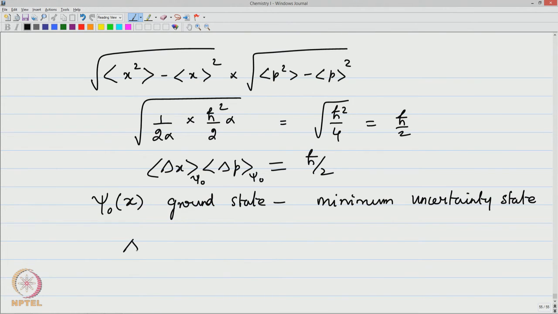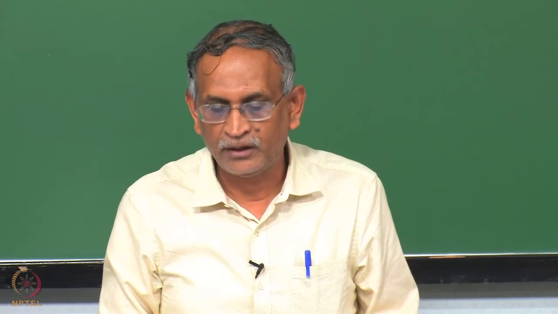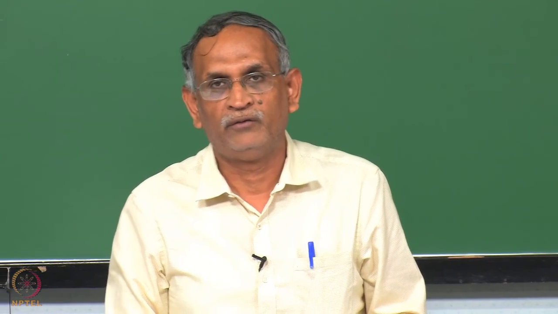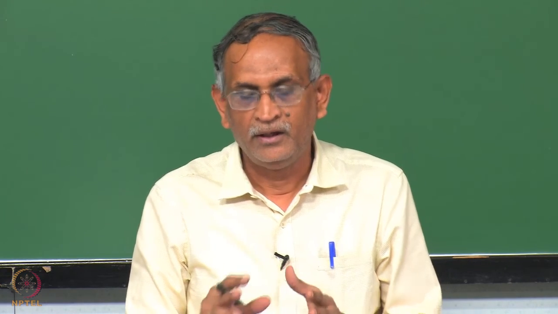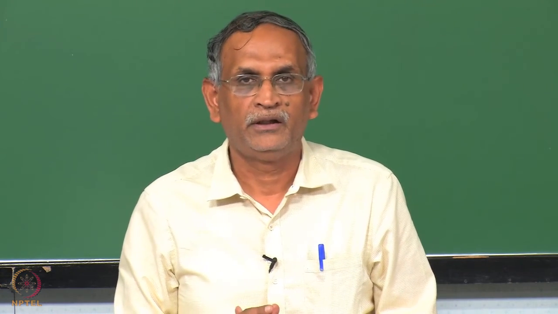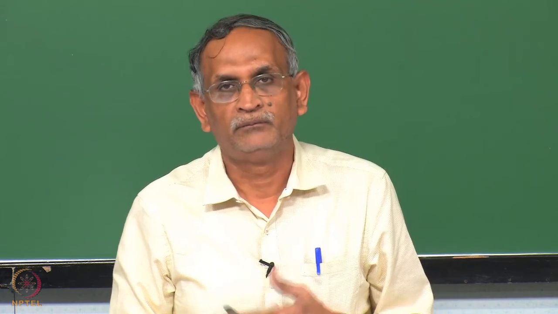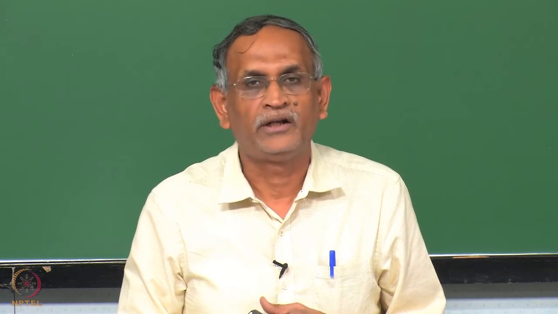If you calculate delta x delta p for any other harmonic oscillator state psi n, it will always be greater than h bar by 2, and therefore the uncertainty principle is obviously obeyed by all the solutions that we have arrived at for the harmonic oscillator, and all the expectation values that we calculate for the harmonic oscillator obey these uncertainty relations.